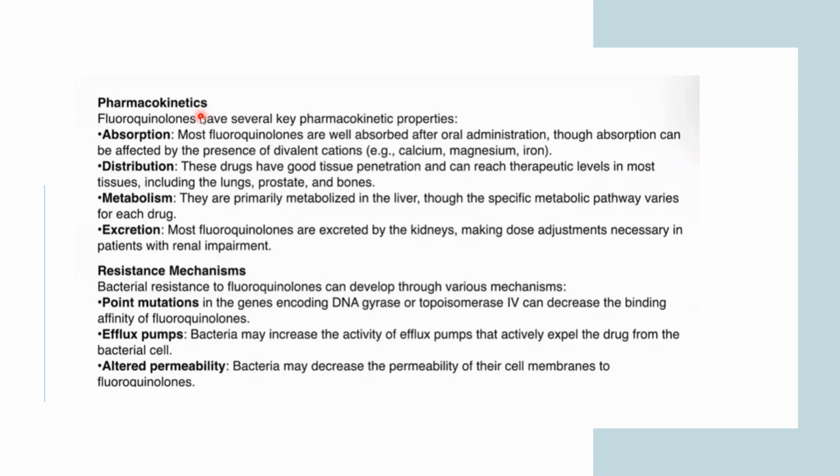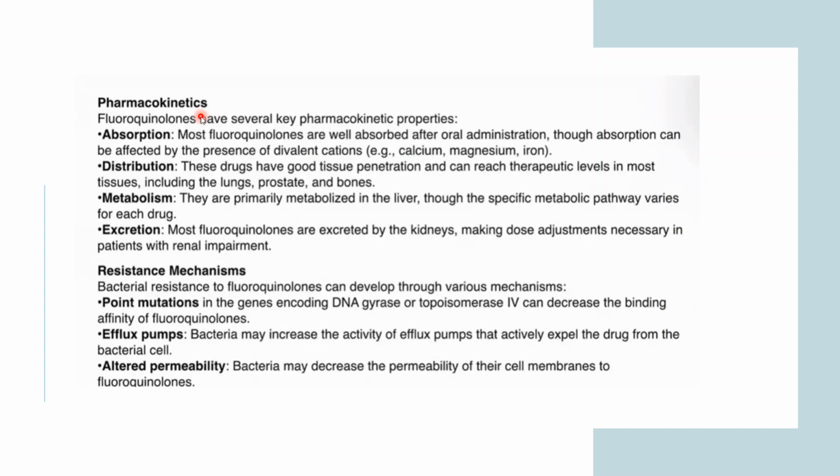How is it going to develop? Point mutations in genes encoding DNA gyrase or topoisomerase IV can decrease the binding affinity of fluoroquinolones. So a mutation can happen in the DNA sequence that makes the bacteria resistant to the fluoroquinolone.